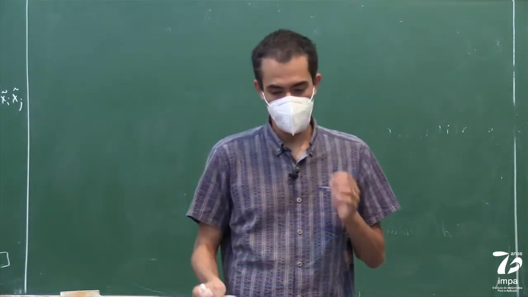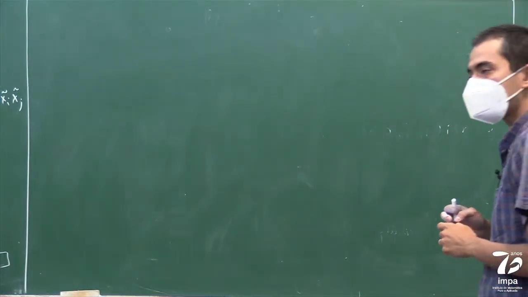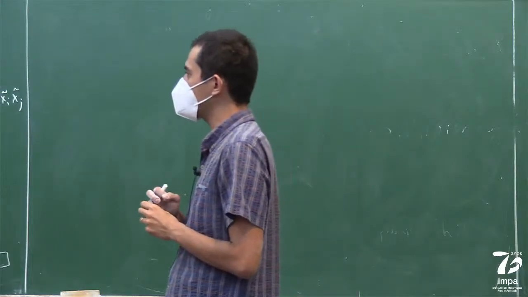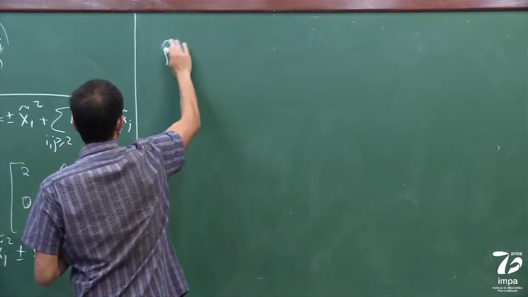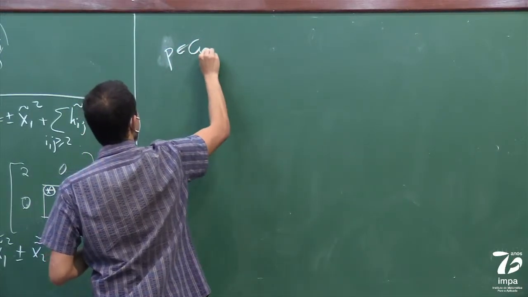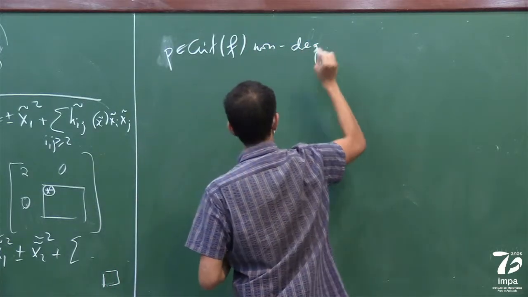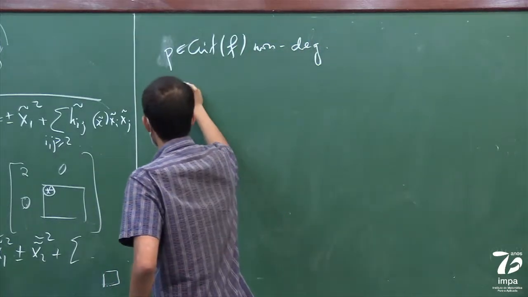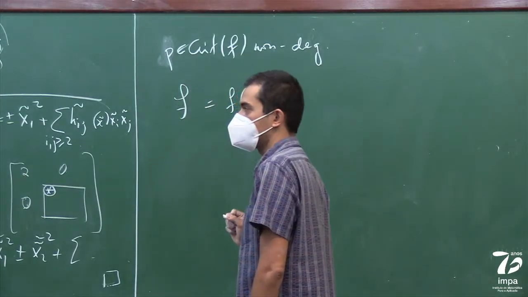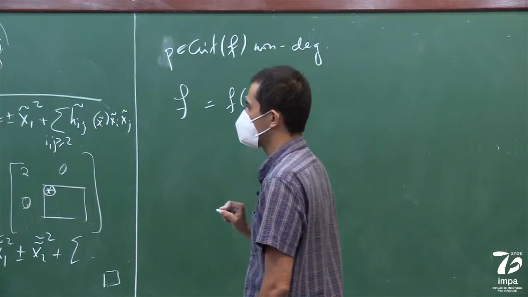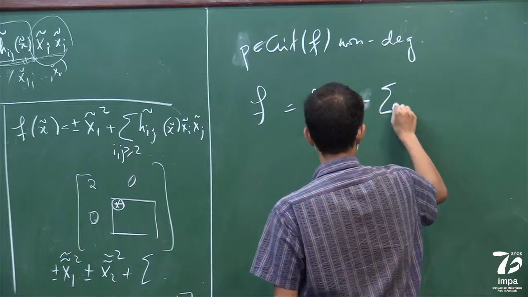Before that, I want to say one important consequence of the Morse lemma. If you have a critical point of a function that's non-degenerate, you know that near this critical point, the function can be written as f of p plus, first I put a minus.